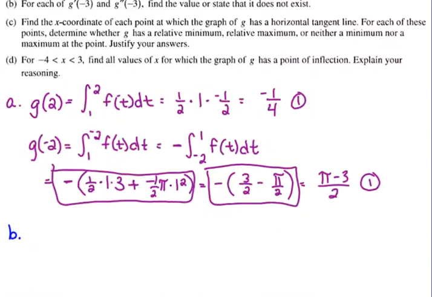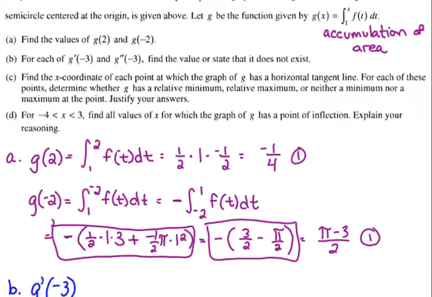Okay, let's look at B. For each of g prime of negative 3 and g double prime of negative 3, find the value, or state that it does not exist. So let's think about this. G prime of negative 3. G is an integral.